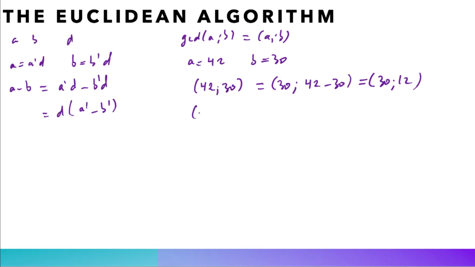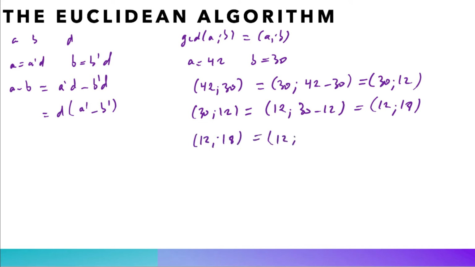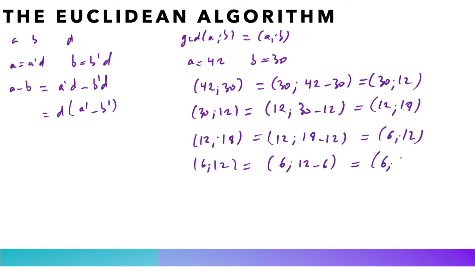Now the GCD of 30 and 12 is equal to the GCD of 12 and 30 minus 12, which is also equal to the GCD of 12 and 18. Moreover, the GCD of 12 and 18 is equal to the GCD of 12 and 18 minus 12, which is equal to the GCD of 6 and 12. Now the GCD of 6 and 12 is equal to the GCD of 6 and 12 minus 6, which is equal to the GCD of 6 and 6.